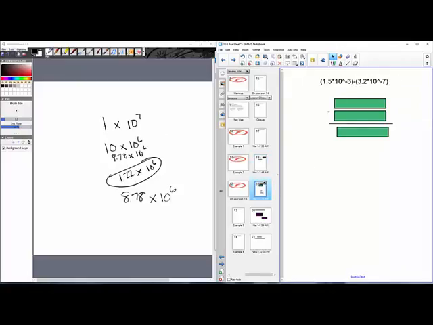So that's the first one. The second one, I want you to pause the video, try to solve this one. Notice it's subtraction here. So first of all, I leave it as it is. I then want to move this back. And to move this back so it's negative 3, because right now it's negative 7, I now have to go to the right. But I have to go over 4 places, right?